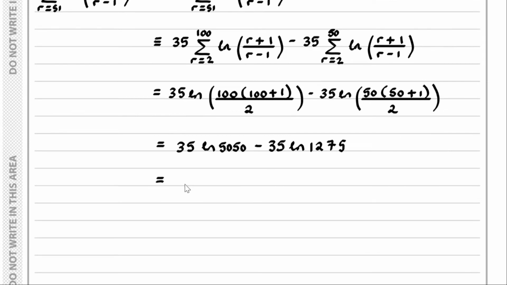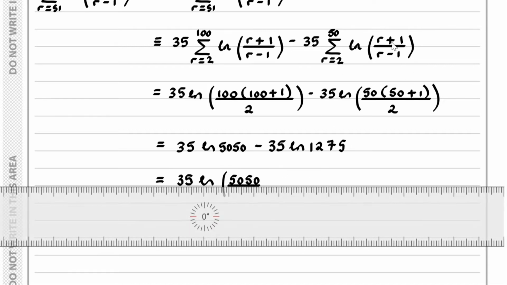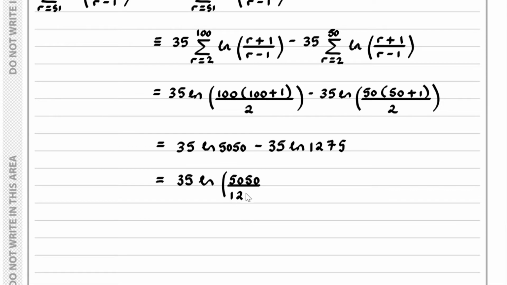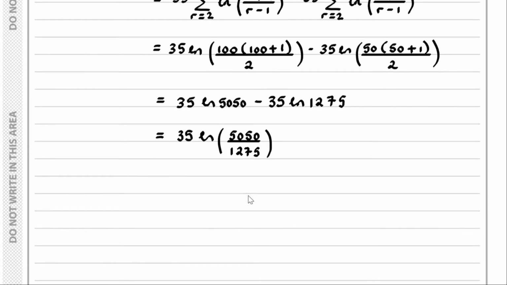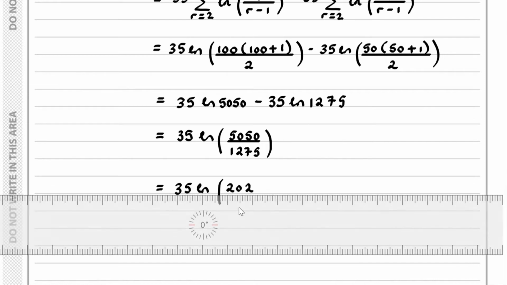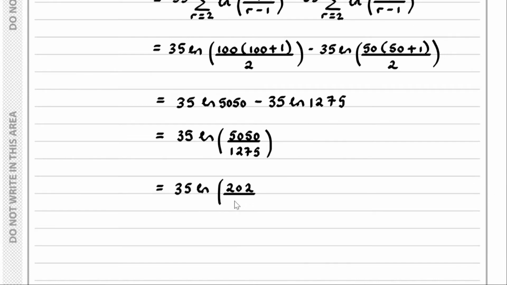And this is the same as 35 times the natural log of 5050 divided by 1275, and if we simplify this even further, we end up with 35 times the natural log of 202 divided by 51.